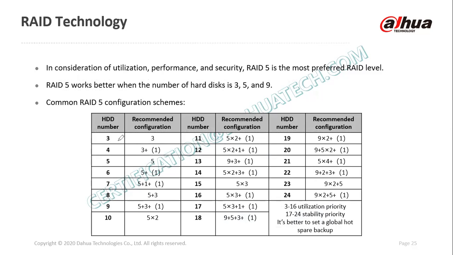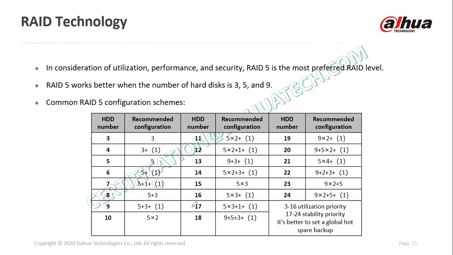So if you have 3 hard disks, you can configure RAID. If you have 4 hard disks, you can configure 3, then use 1 as spare. If you have 5, you can use 5. If you have 6, you can use 5, then 1 as spare. If you have 7, you can do 5 plus 1, then 1 as a spare.